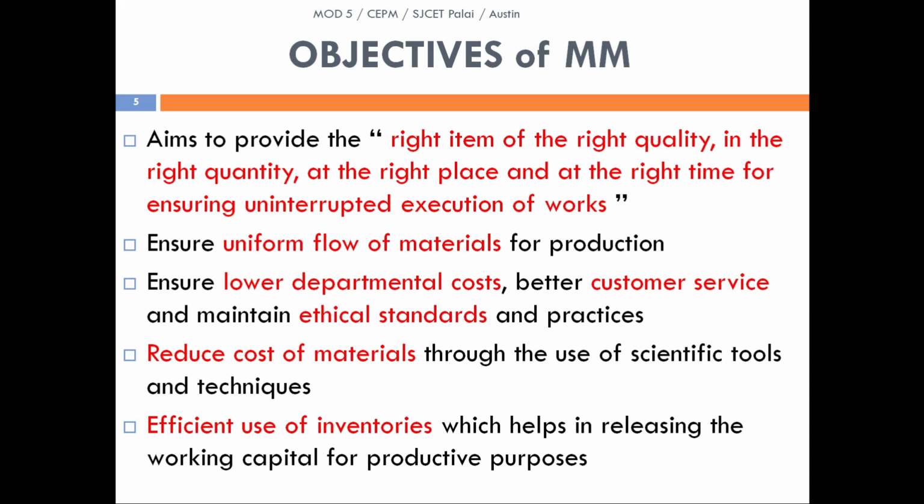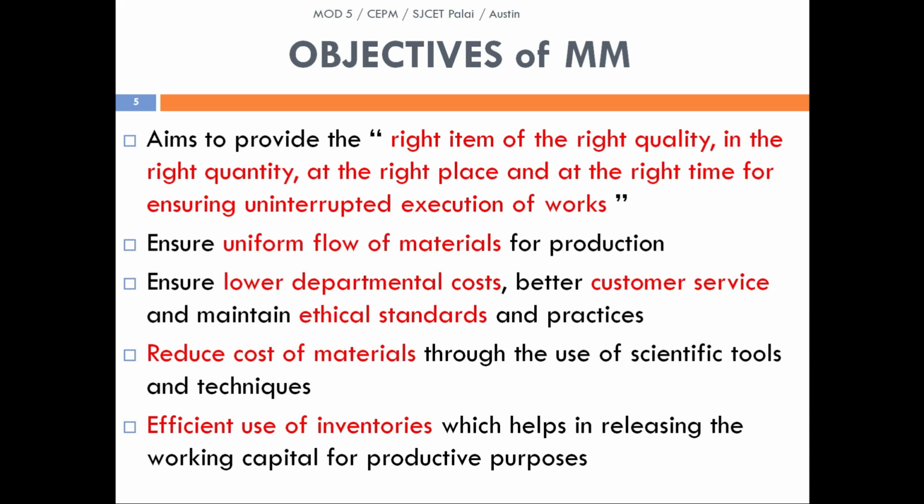We should have the right, correct item, of the right good quality, of the right ample quantity, at the right place, at the right time. Then only we can say that there is an optimal flow of materials, and there is no interruption in the execution of works in the processing organization or the processing factory or the construction site.